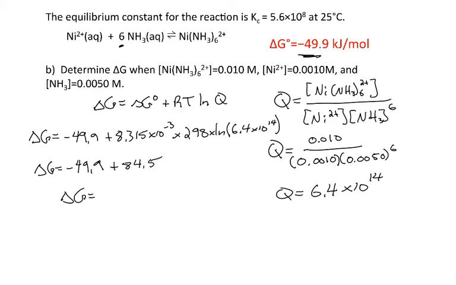So delta G comes out to be positive 34.6 kilojoules per mole.